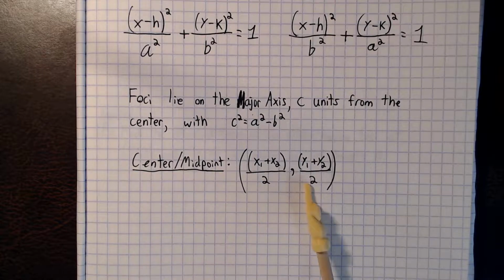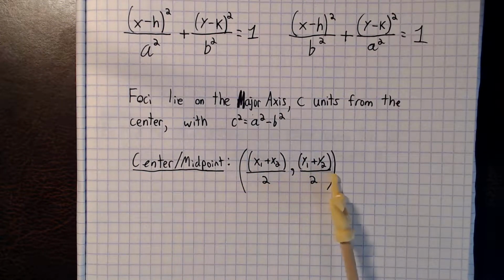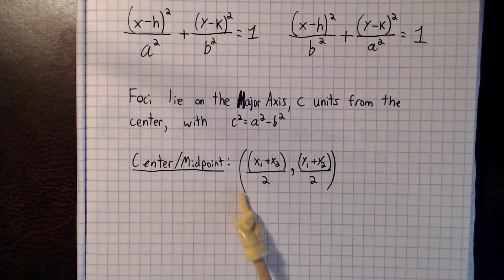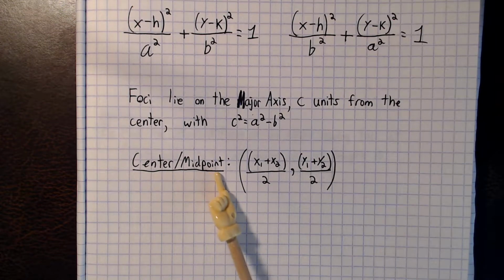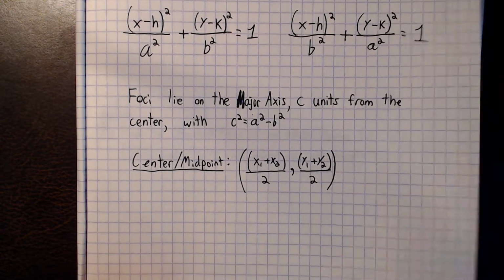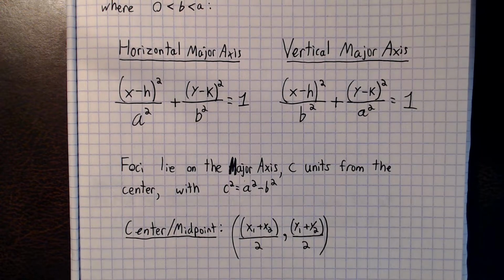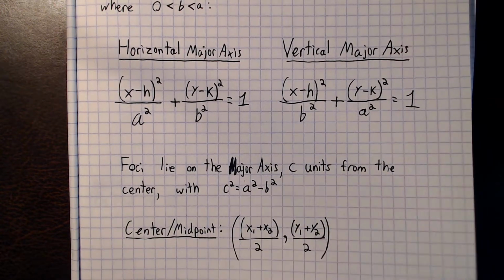And then we might want to keep this formula in mind just because our center is going to be halfway, or the midpoint, between the foci. So, got a lot of formulas that we got to keep in mind. If you want to write those down, have them ready to go for when we start doing some problems.